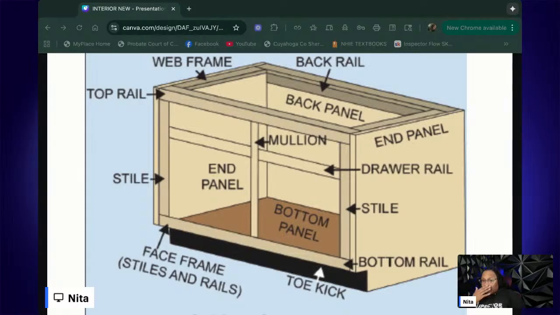So the cabinets that are hung above your countertops, those are wall cabinets because we hang them on the wall. The base cabinets rest on the floor. Your cabinet where you have your sink at, that is called a sink base. The cabinets where you can pull out the drawers, those are called drawer bases. Okay, so the cabinets are again just named based upon where they go in the house.